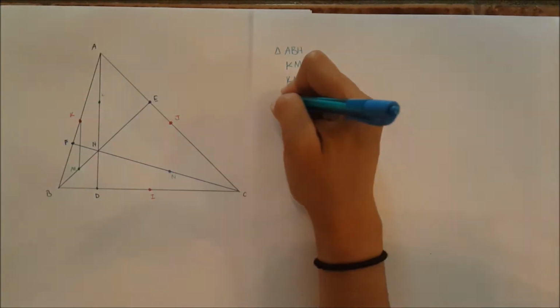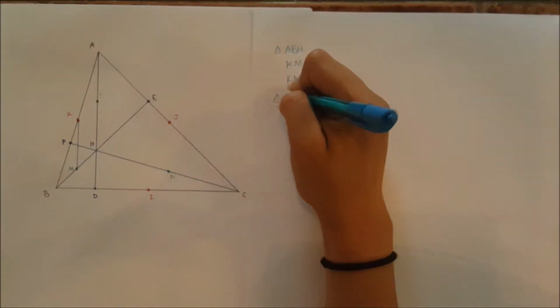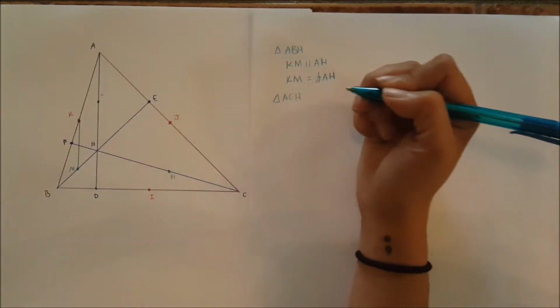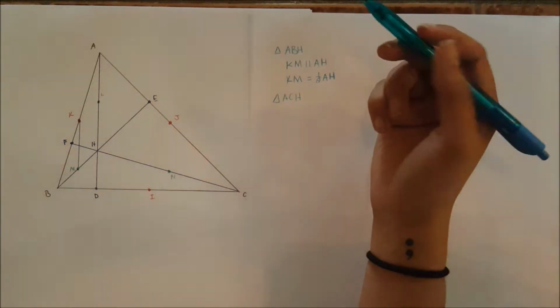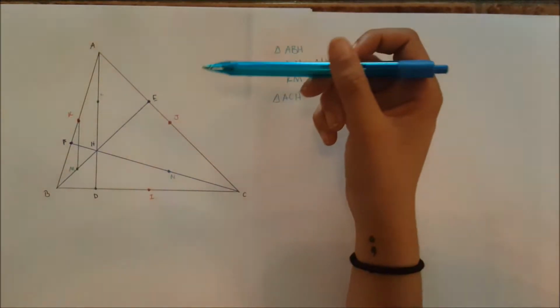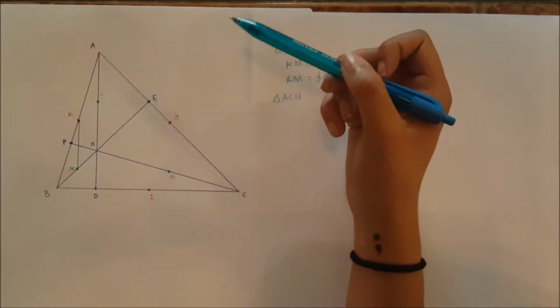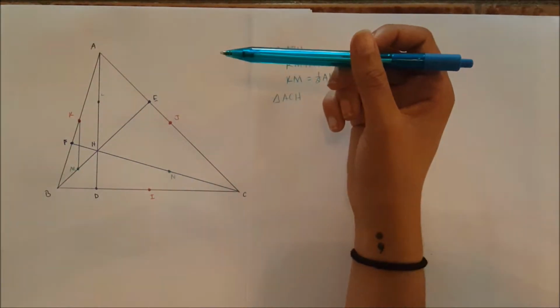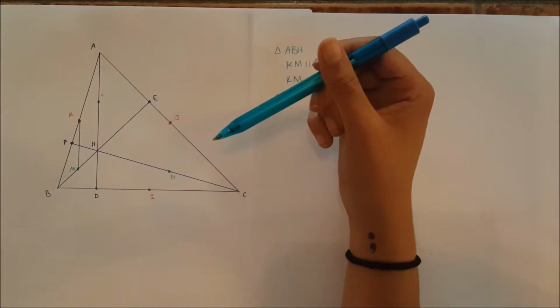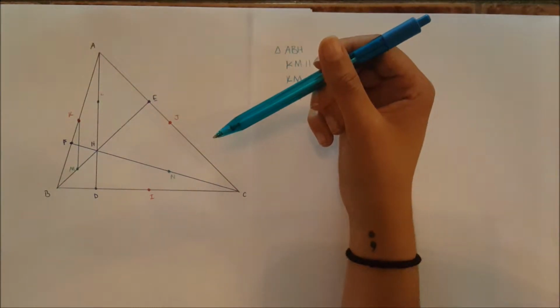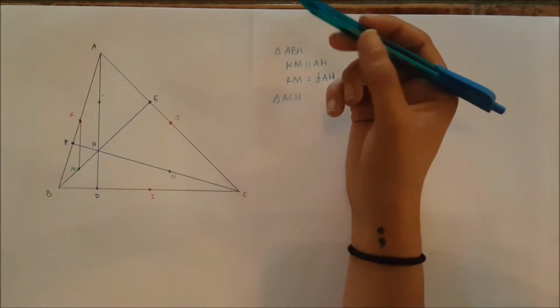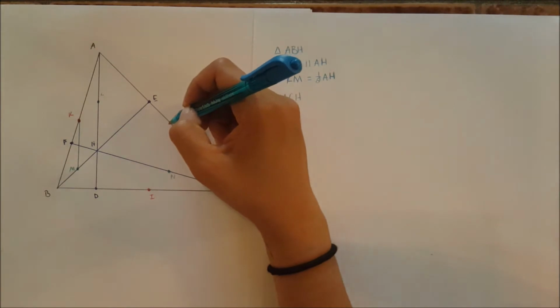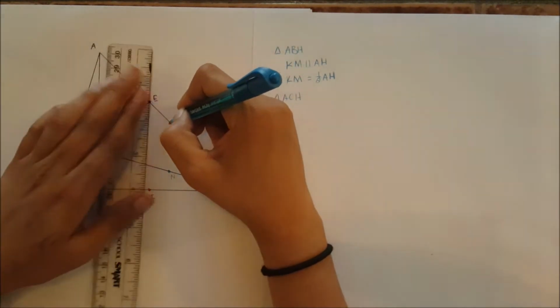So now let's look at another triangle. Let's look at triangle ACH. Looking at ACH, we see that J is the midpoint of AC, and N is the midpoint of HC. So let's connect these 2 points to make a segment.